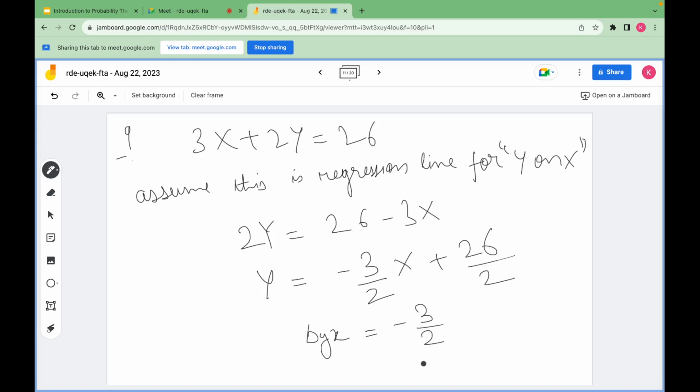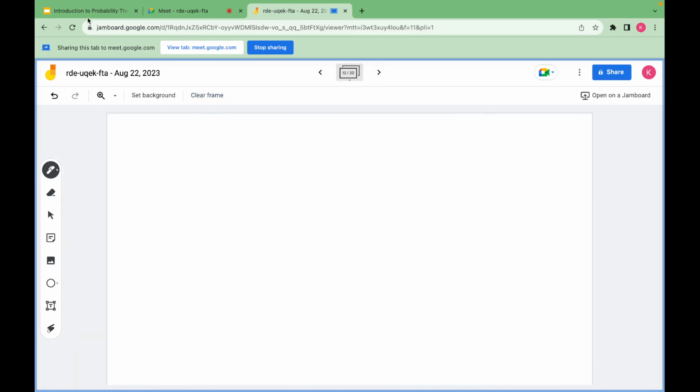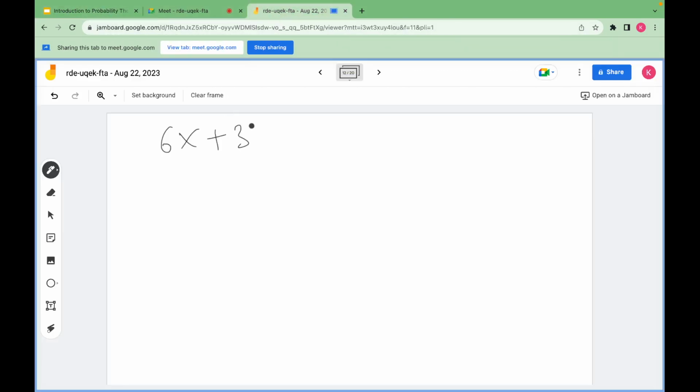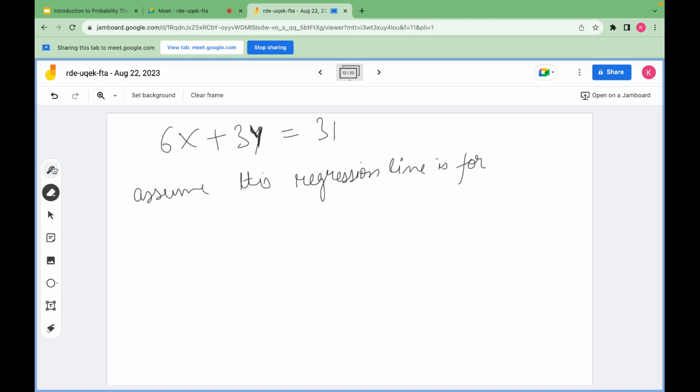Similarly, the other is 6x plus 3y equal to 31. Assume this regression line is for x depending on y.